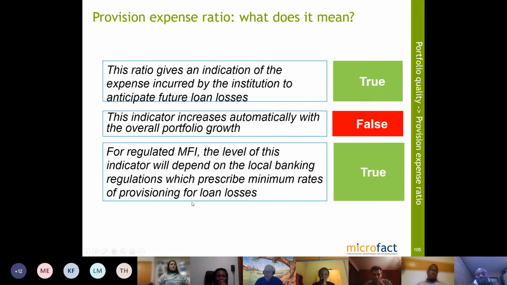I remember we were working together with a very informal organization in the Philippines at a certain stage, and they did have a provisioning policy that was not regulated by any official organization. So actually, they could make provisions as much as they wanted.